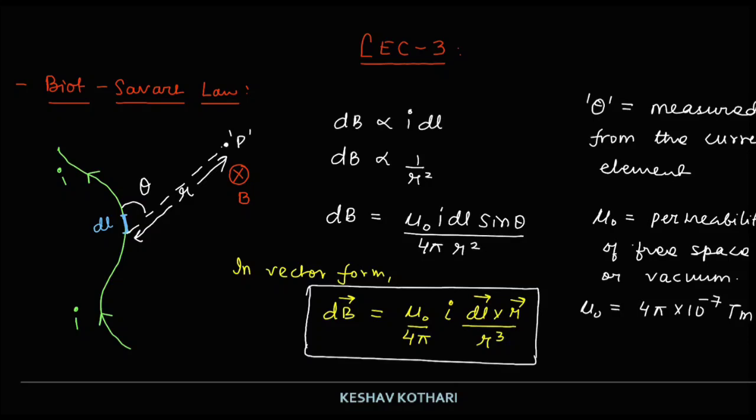So the SI unit of mu naught is Tesla meter ampere to the power minus 1. This is the value of the permeability of free space which we are going to use.